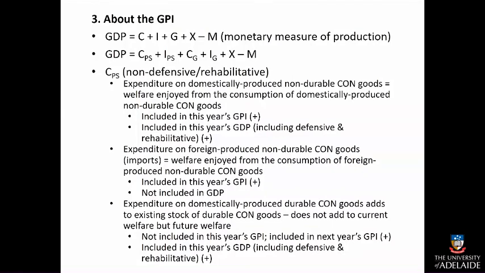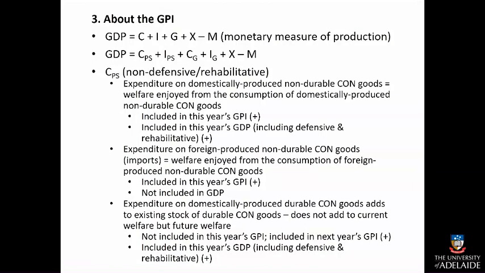Now, of course, the GPI only includes consumption that is non-defensive or rehabilitative, unlike the GDP, which counts all goods and services produced as part of the GDP. Now, let's think about expenditure on domestically produced non-durable consumption goods. So let's think of you walk into a restaurant and you have a meal, a couple of glasses of wine, perhaps an entree, and it costs you $50.